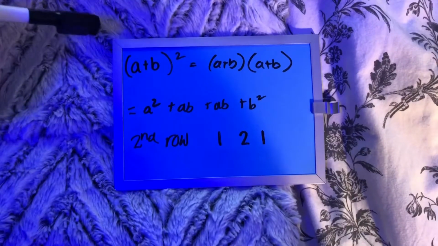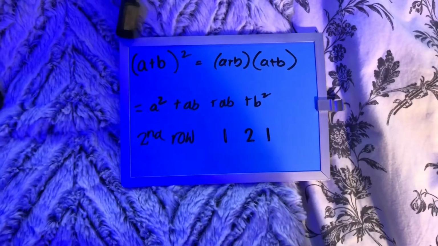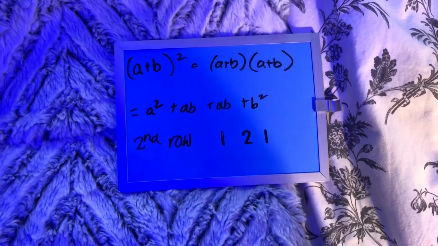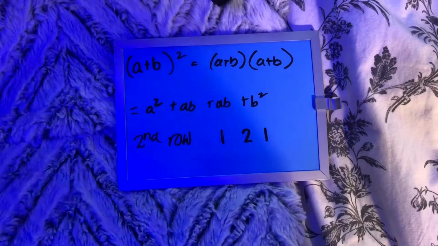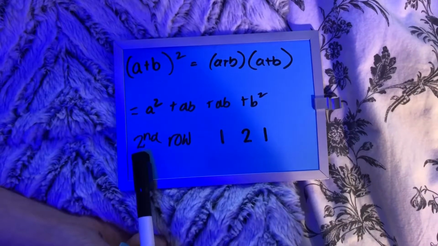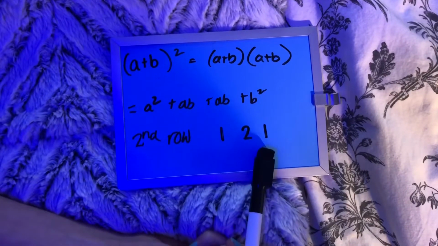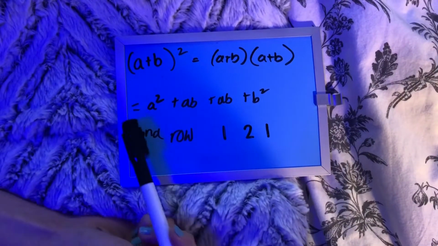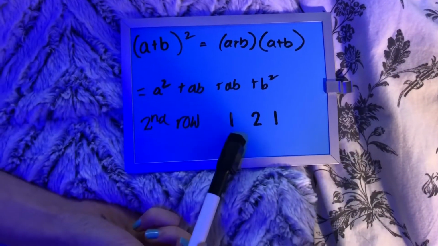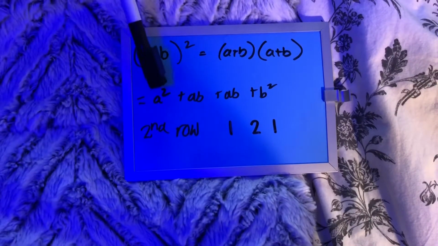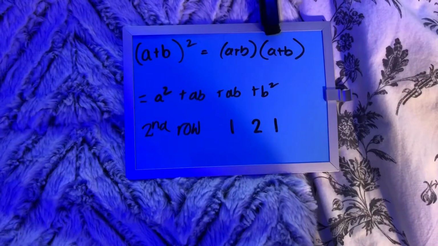For our second example problem, we're going to be doing (a plus b) to the second power, which is equivalent to (a plus b) times (a plus b). So since it's the second power, we're going to be using the second row of Pascal's triangle, and the coefficients in that row are 1, 2, and 1. And the way we can work out this equation is, since the first coefficient is 1, there's only one way to get to a squared, which is by doing a times a.